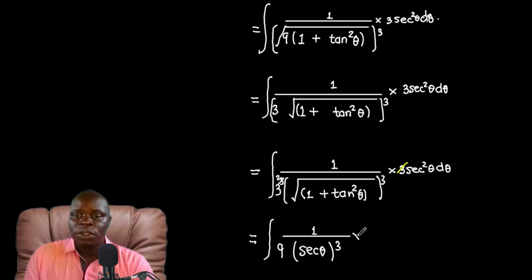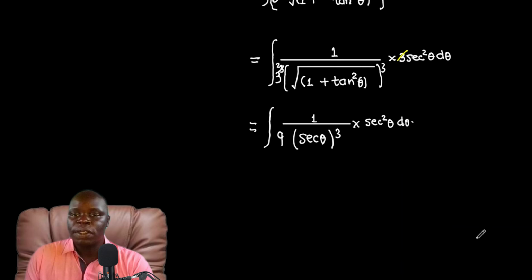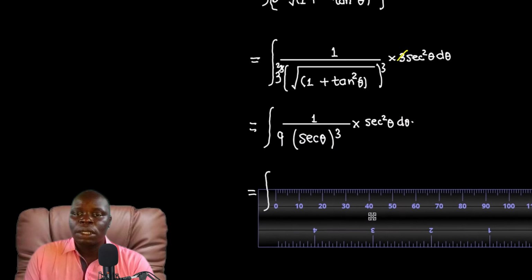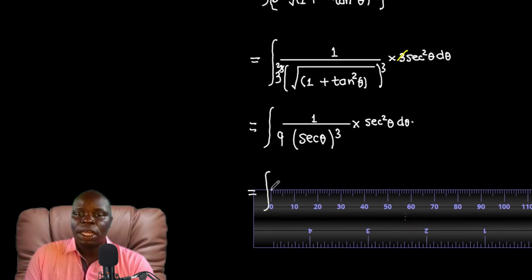Now we multiply this one with the remaining secant square theta d theta. Now let's open up that bracket by cubing secant theta in our next step here, and we still have our 9 lingering around here.